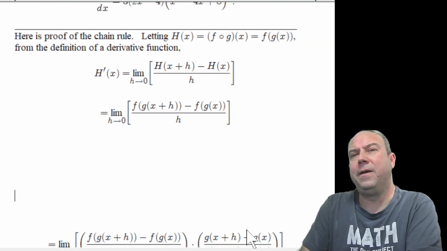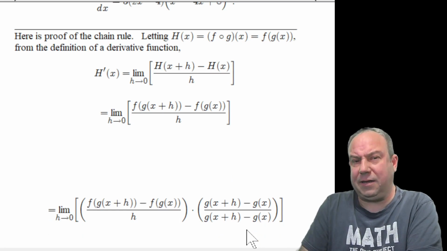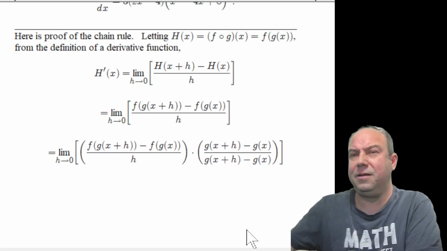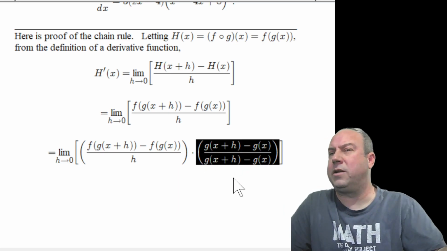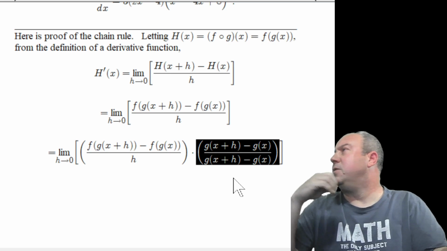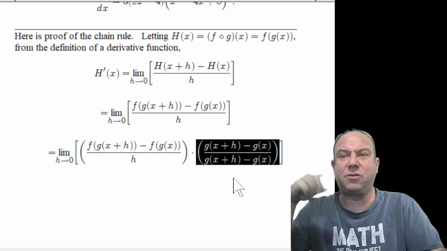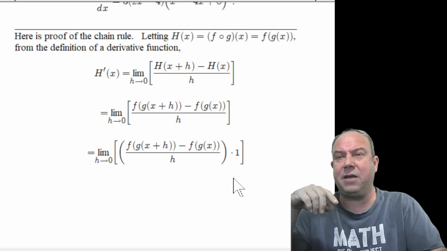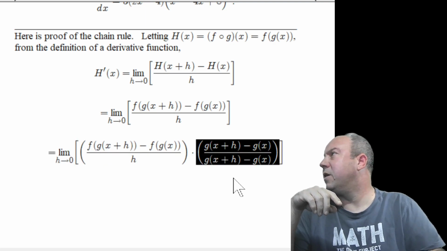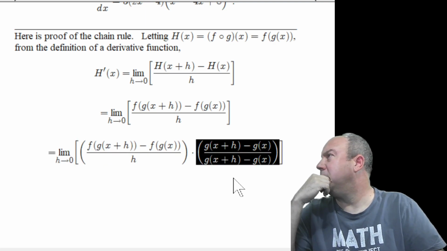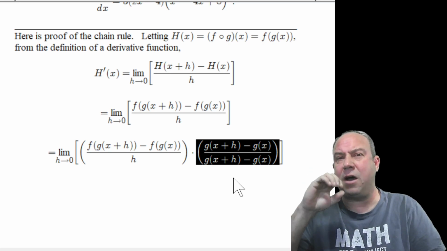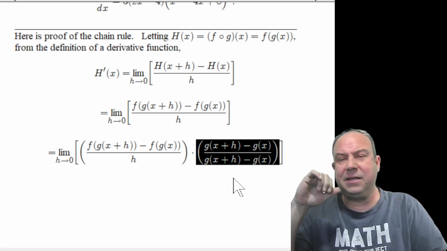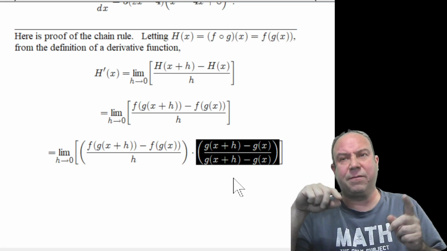That quantity that we multiply in, that's the value of 1, is this quantity right here: g of x plus h minus g of x over itself. This is all just the value of 1, if we think about it. So multiplying by 1 does not affect the value of that argument for that limit. It's the same value, but in a different form.